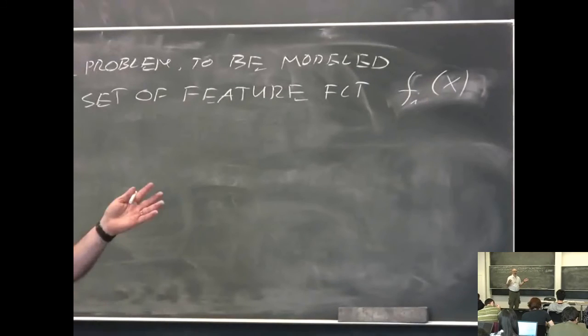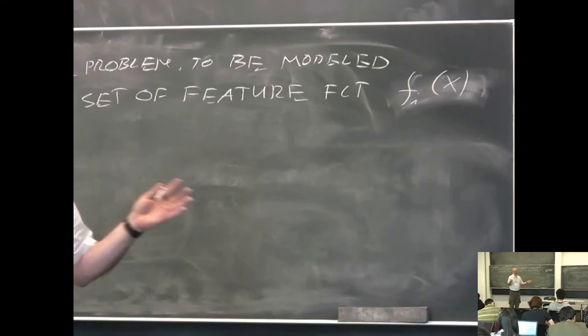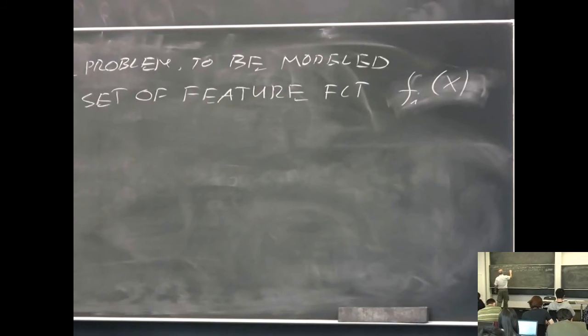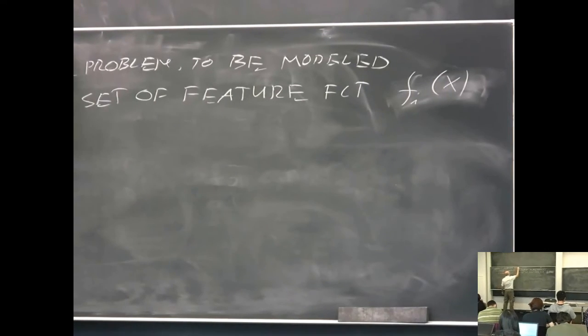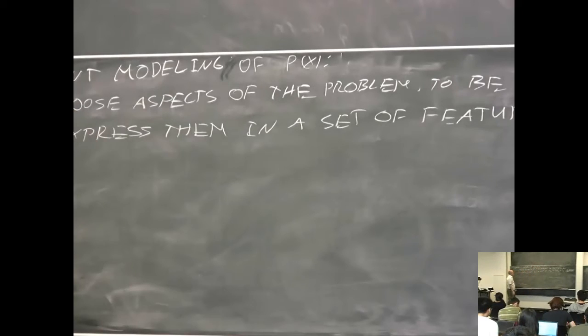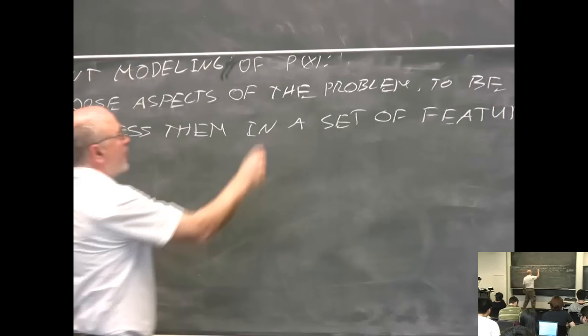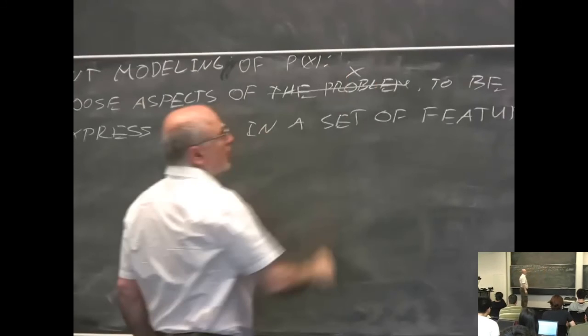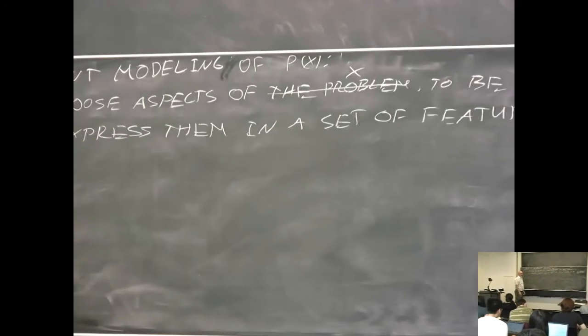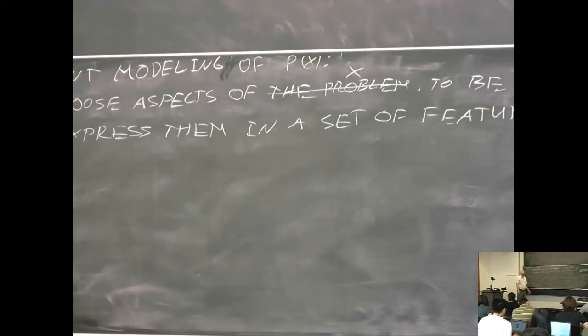So we're trying to build a density estimator for x. Maximum entropy modeling of P of x. So choose some aspects of x to be modeled, whichever aspects you believe are important. And then express these aspects in a set of features, feature functions.